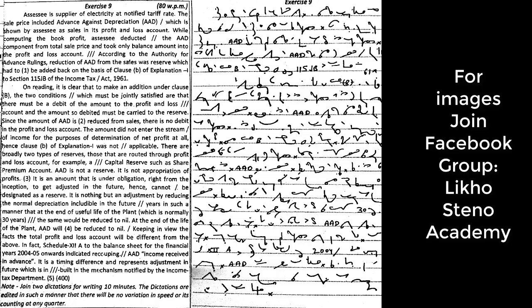SSE is supplier of electricity at notified tariff rate. The sale price included advance against depreciation (AAD), which is shown by SSE as sales in its profit and loss account.